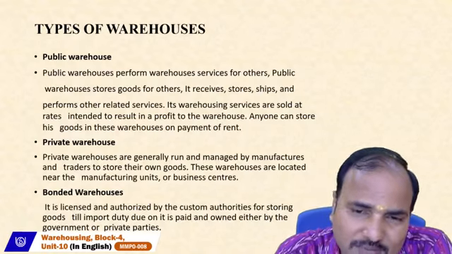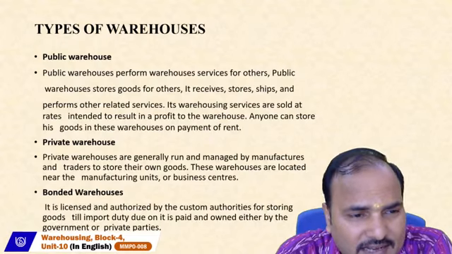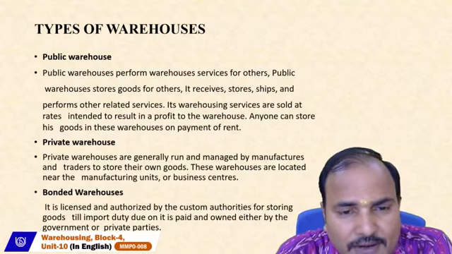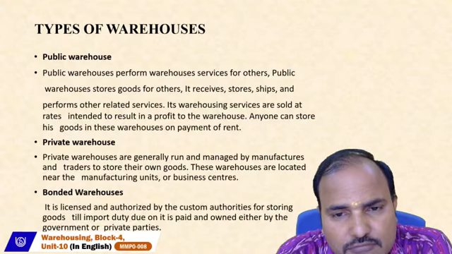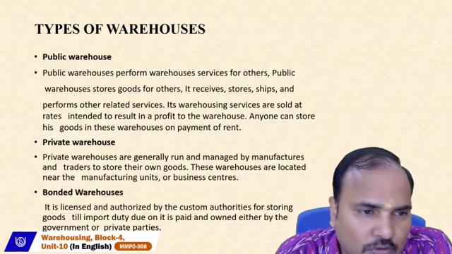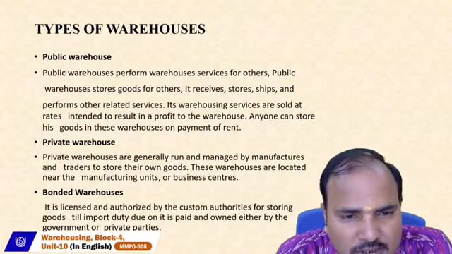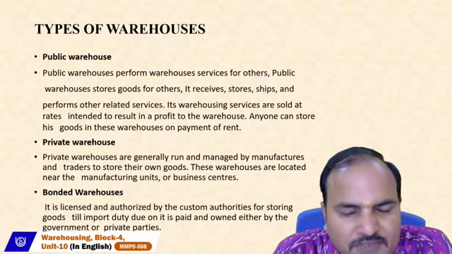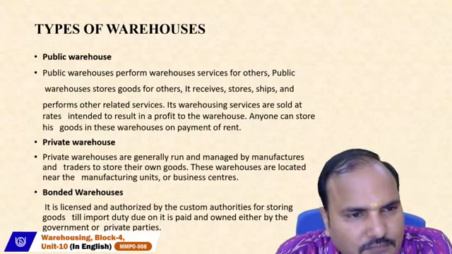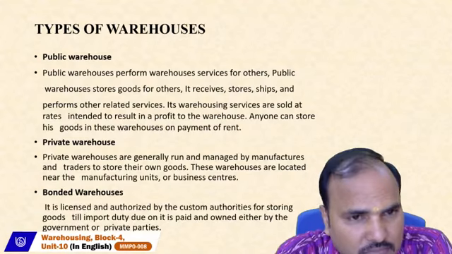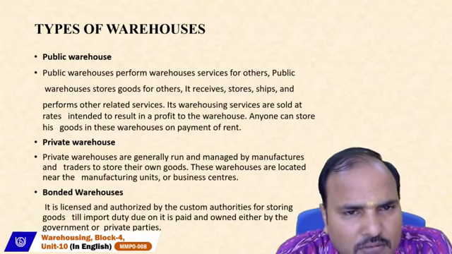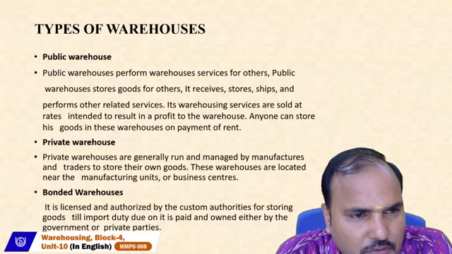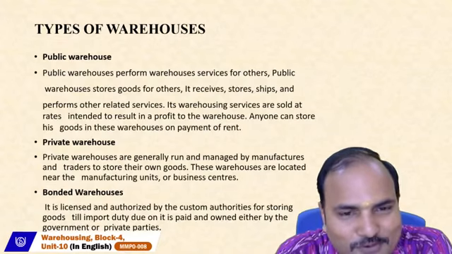Its warehousing services are sold at rates intended to result in a profit to the warehouse. Anyone can store his goods in these warehouses on payment of rent. So it is not their own warehouse. It is meant for all. It is for others. So the name is public warehouse.